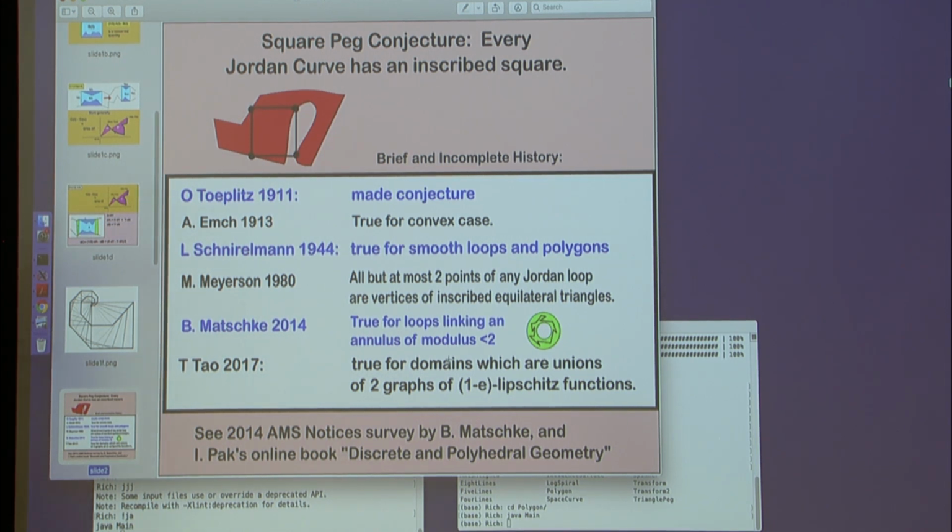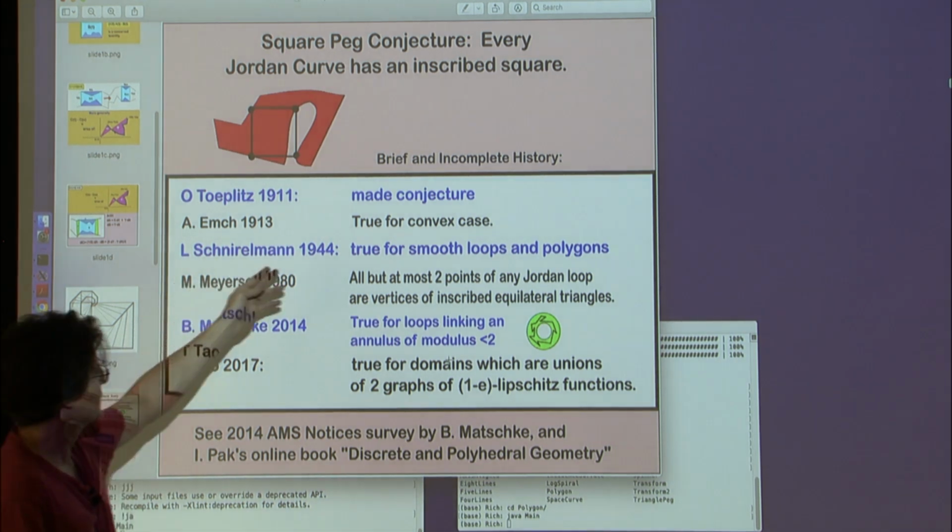So every Jordan loop has an inscribed square, so 4 points that make the vertices of the square. This is Toeplitz's conjecture from 1911. And here are some results about this. It's quickly proved in the convex case. It's true for smooth loops and polygons. Later, I'll explain a proof, more or less, that it's true in the smooth case.